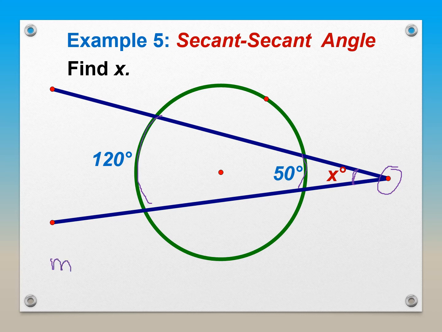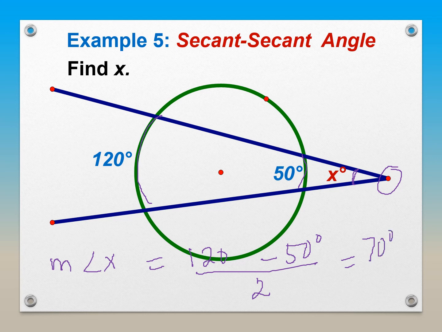The measure of angle X is equal to 120 degrees minus 50 degrees divided by 2. Let's solve. 120 minus 50 is 70 degrees, divided by 2 equals 35 degrees. Therefore, the measure of angle X here is equal to 35 degrees.